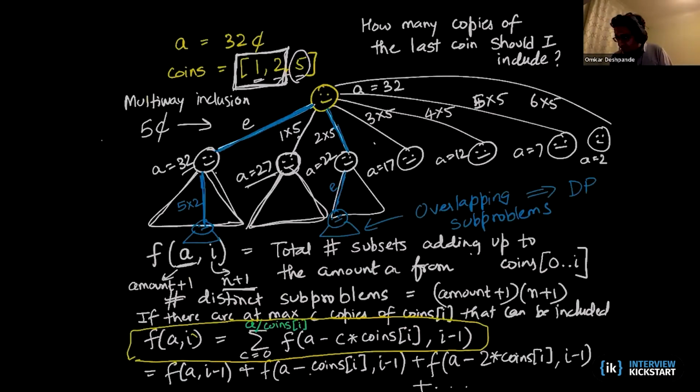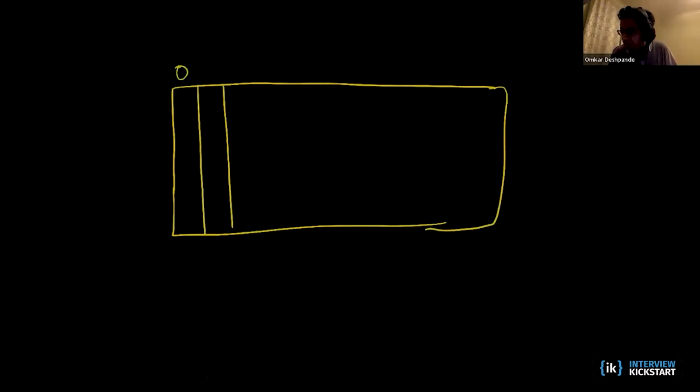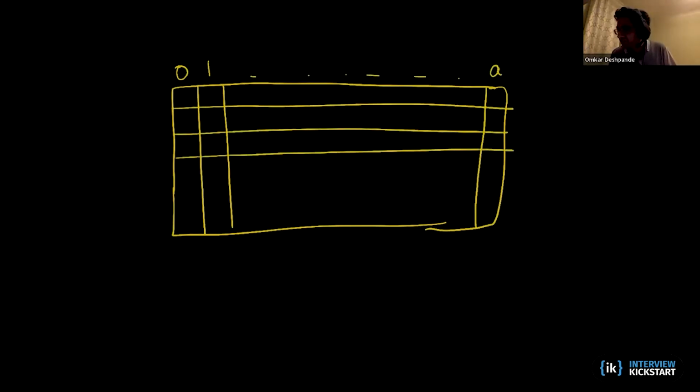So what are the dimensions of the table going to be? It's going to be 1 plus amount times 1 plus length of the coins array. Well, let's think about what the base cases will be. If the amount is 0, let's think of a table where if the amount value is 0, then it doesn't matter which prefix of the coins array you're looking at.